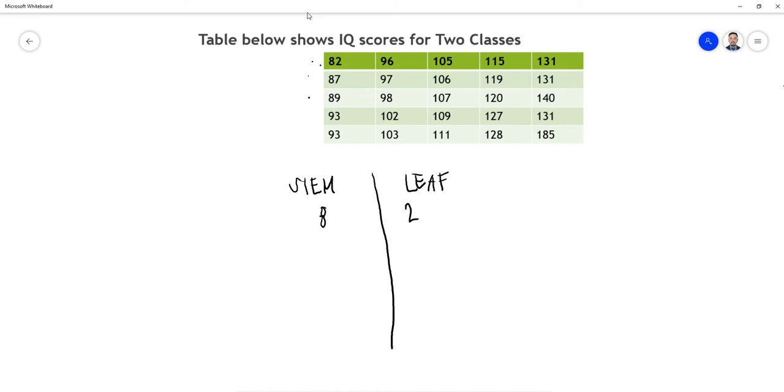So this is for 82, and then we have 87, 8 here in the stem and 7 for the leaf. Then we have 89, 8 here in the stem and 9 here at the leaf.